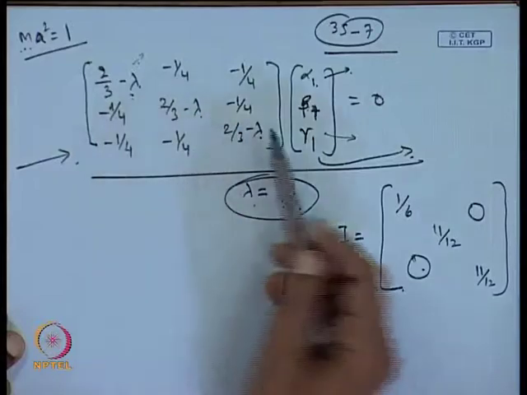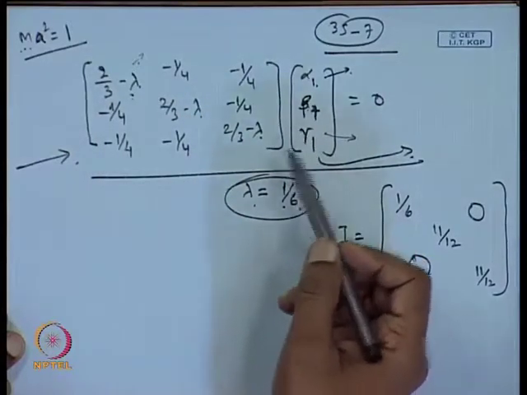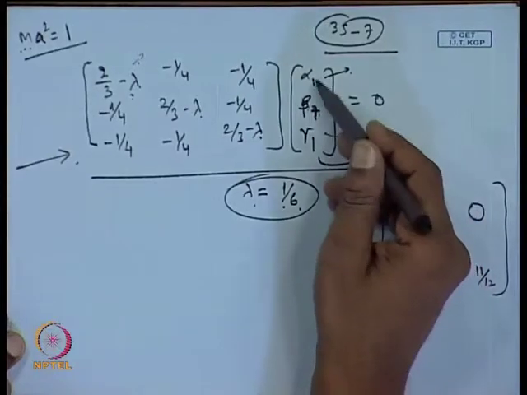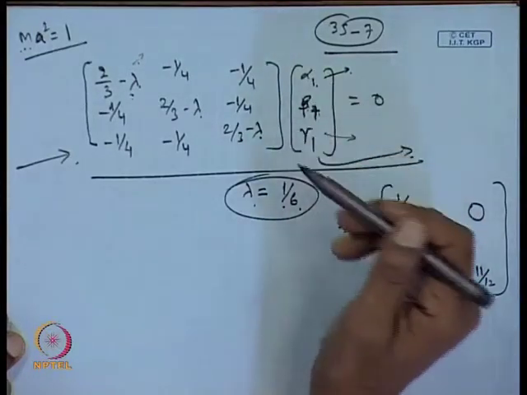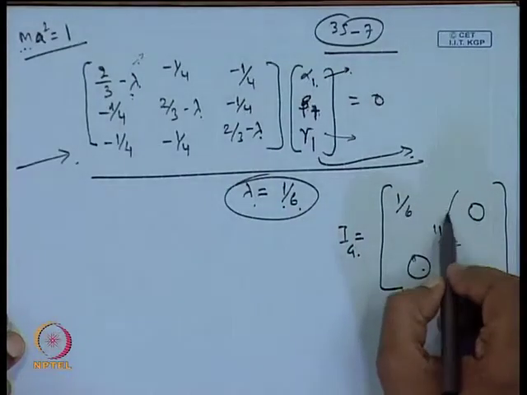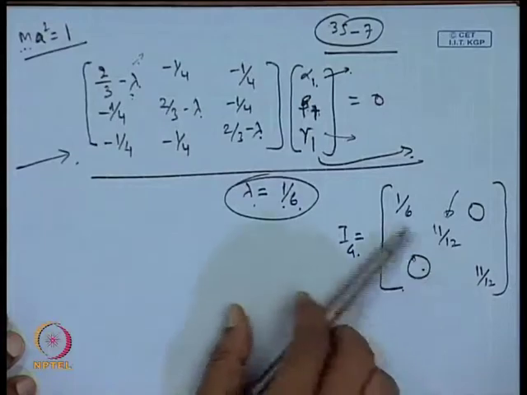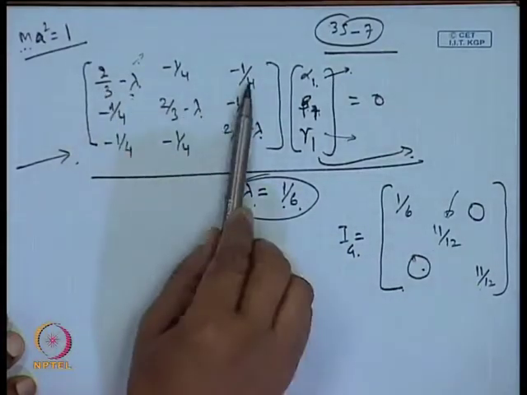So, for doing this, you assume one and find the other two, and then solve for this eigenvector. Similarly, next time you take this one, and in that case, because this is the repeated eigenvalue, you will get only one independent equation.